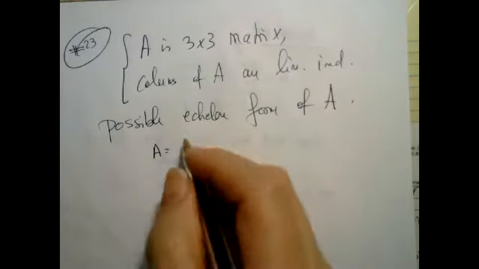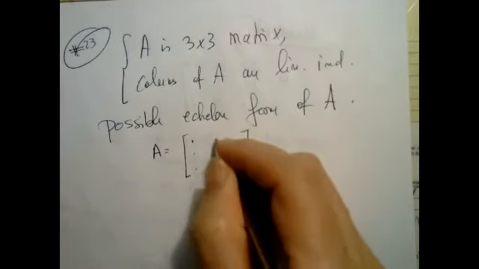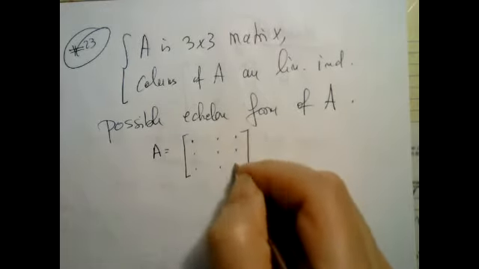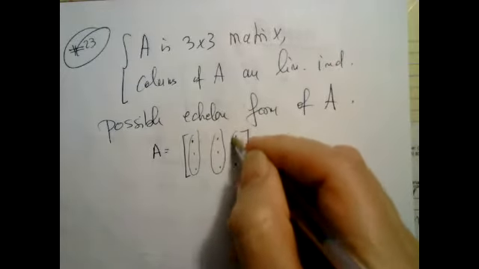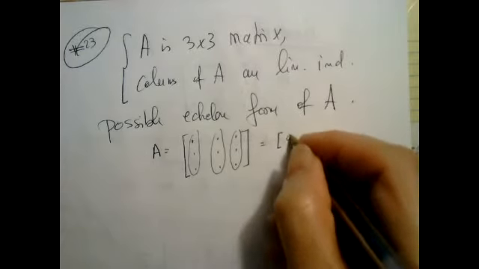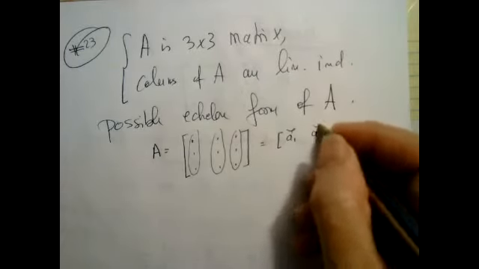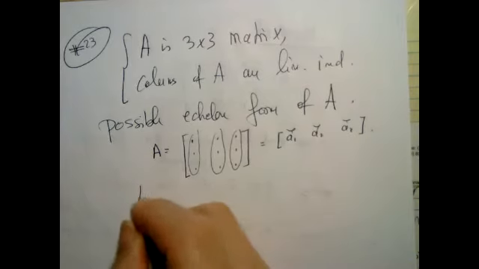So already you should have a picture in your mind. We have a bunch of entries. The columns of A, which I call A1, A2, A3, are linearly independent.